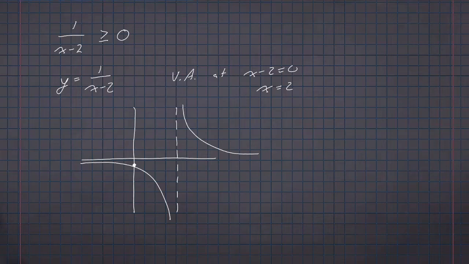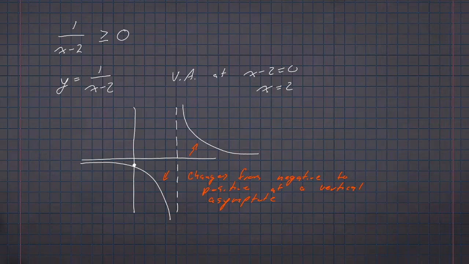And the big takeaway I want you to get here is that the graph of this function changes from negative to positive in this case at a vertical asymptote. And you can also change from positive to negative at a vertical asymptote.